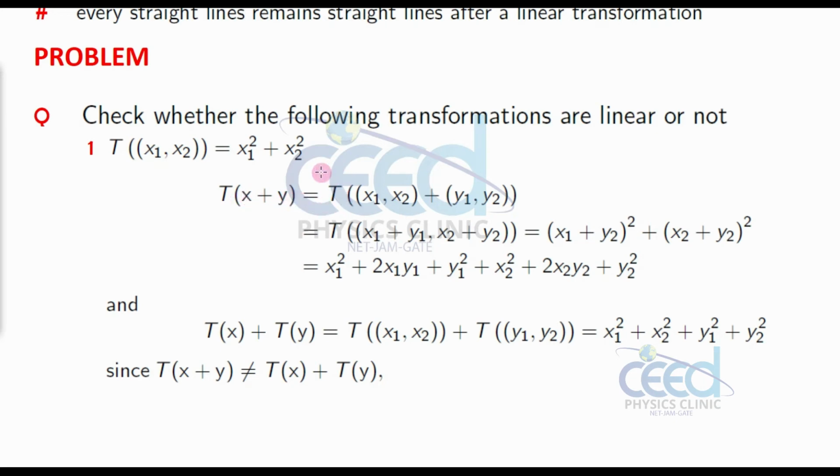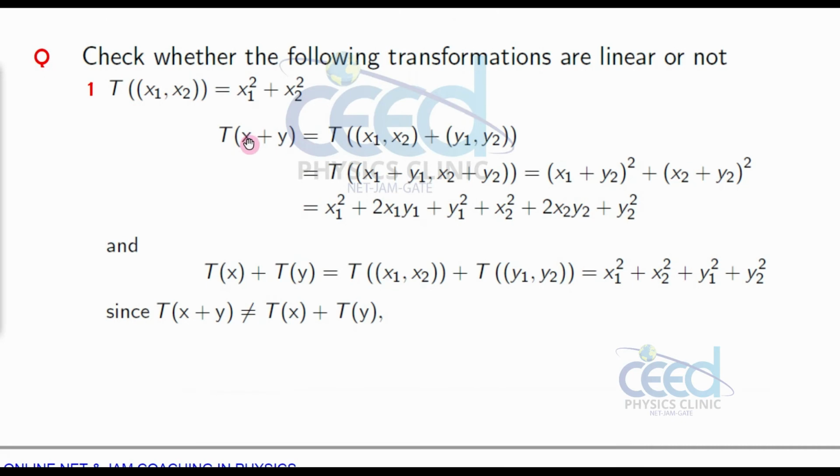As per the transformation rule, we need to get T of x plus T of y, where x has components x1, x2 and y has components y1, y2. Mathematically we can write this as T of (x1 plus y1, x2 plus y2).